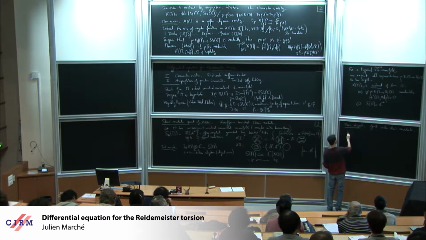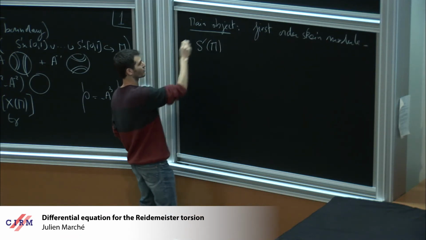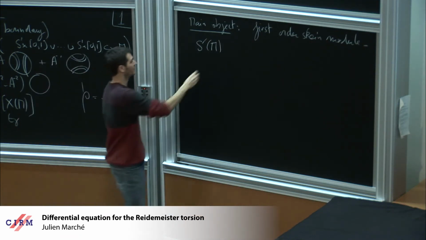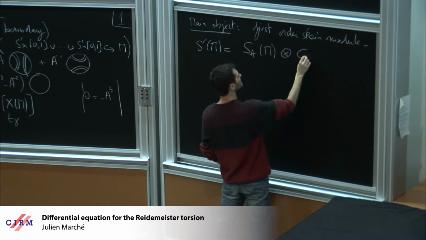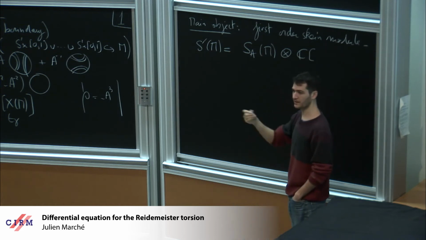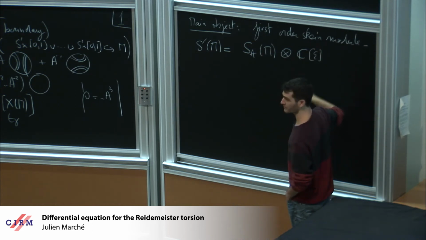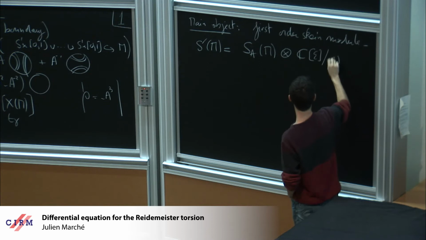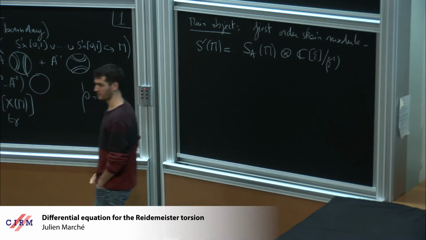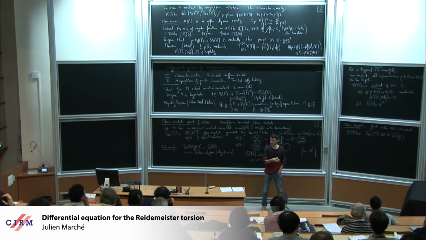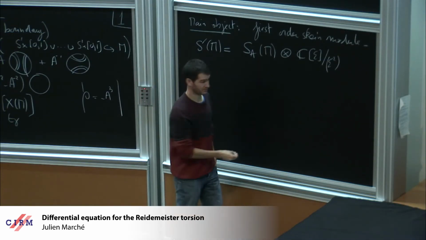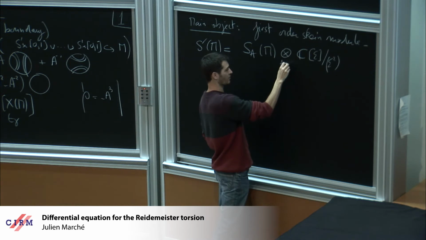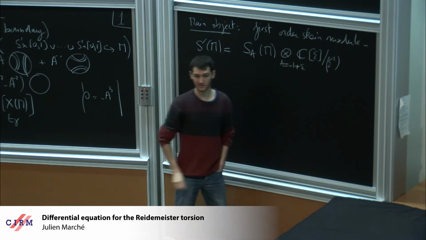The definition is S prime of M. Prime, like a derivation or first order, means you take the same thing, but now you take something just a little more than C: C epsilon divided by epsilon squared. It's very usual in algebraic geometry, the way to define tangent vectors. And you take A equal to -1 plus epsilon.